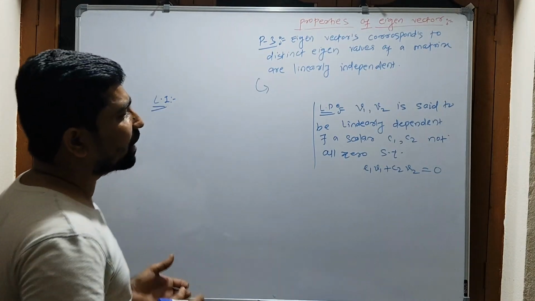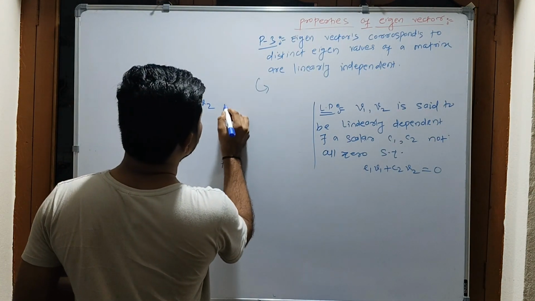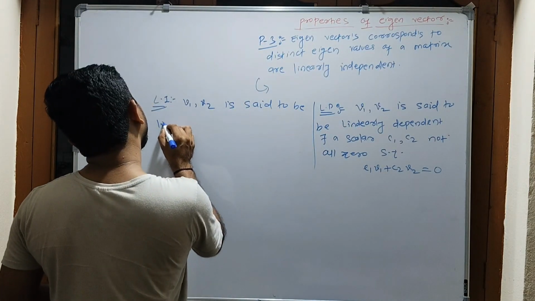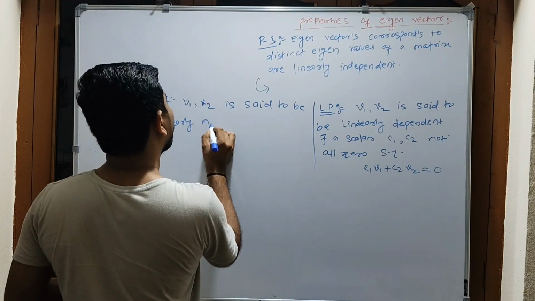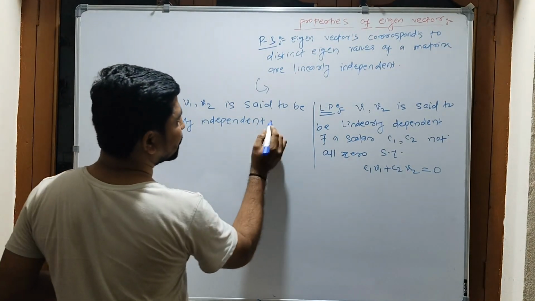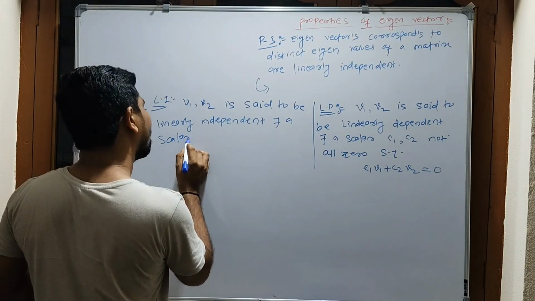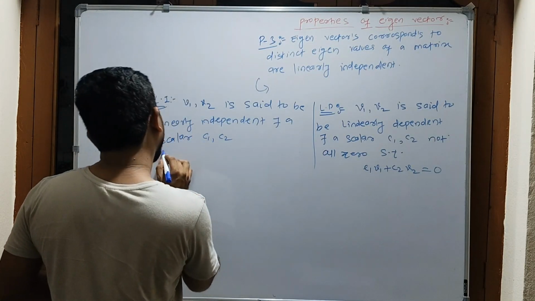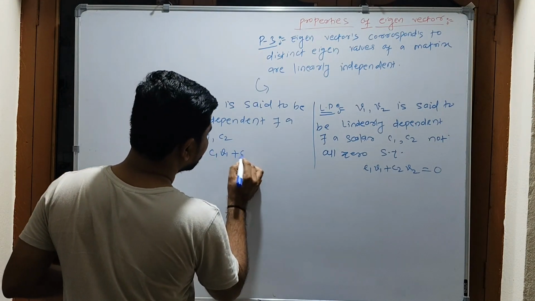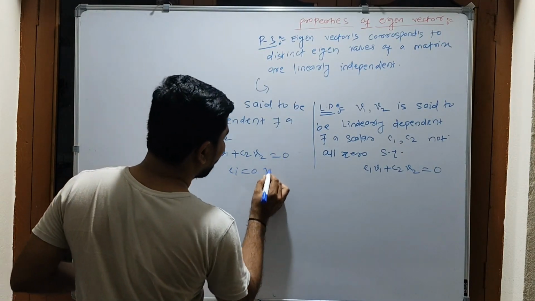When we say that two vectors are linearly independent, for example, the set of vectors v1 comma v2 is said to be linearly independent if for scalars c1, c2, whenever c1 v1 plus c2 v2 equals 0, then ci equals 0 for all i.